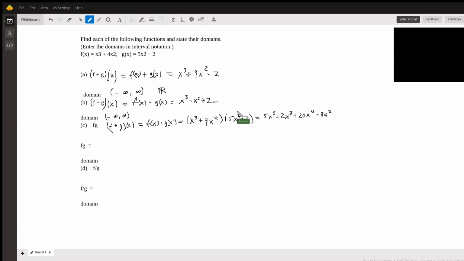So yeah, a 5 and a 3 and then a 4 and a 2. Yep, that's great. And because it's a polynomial, we know that the domain is unrestricted.